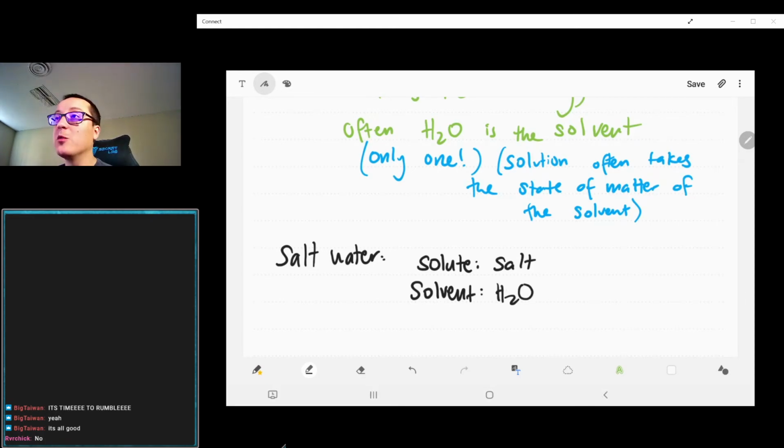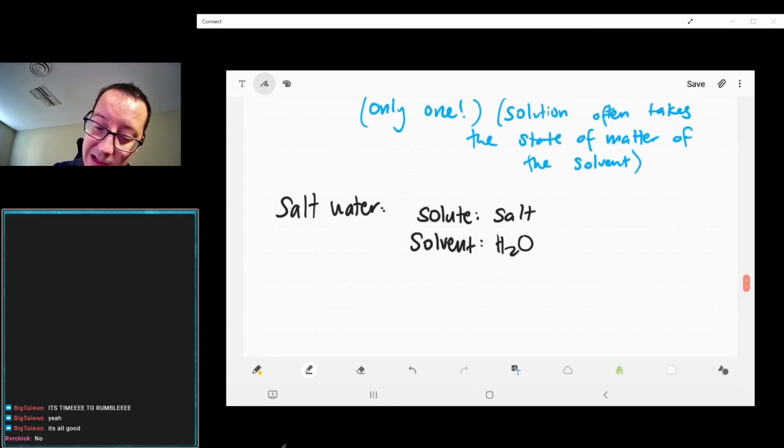We have one solute, one solvent. The solute is the stuff that is being dissolved. The solvent is doing the dissolving. Salt water looks like water, right? It is a liquid. It flows. It's clear. We're going to see again very often that the properties of your solution will be more similar to those of your solvent than to your solute or solutes.